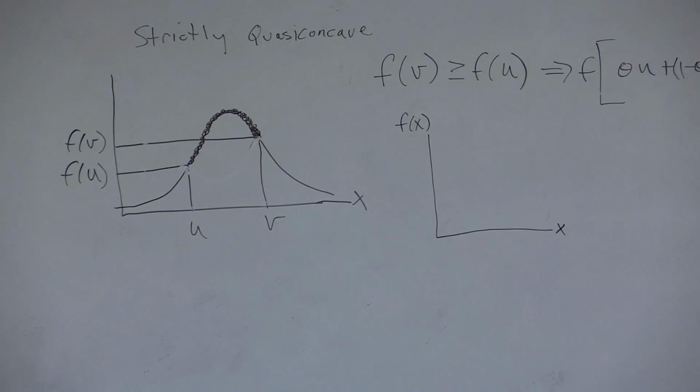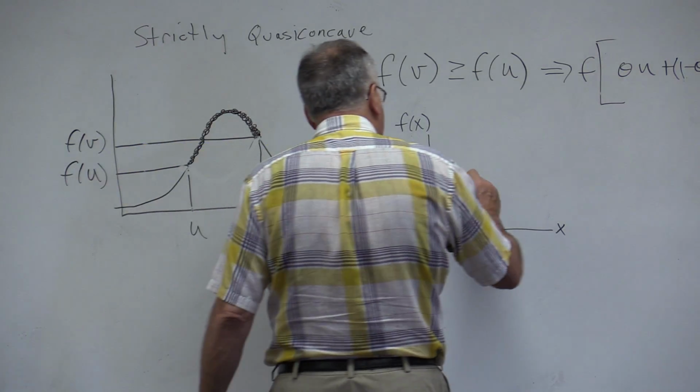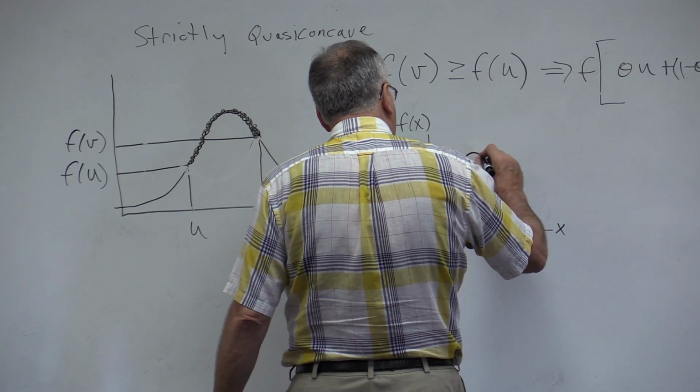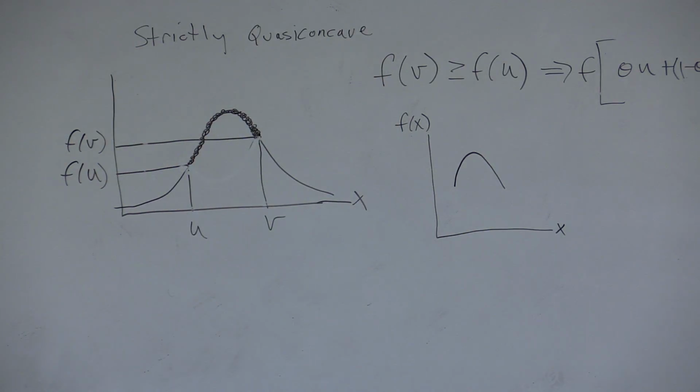Could be, yeah, a straight line would be concave. Also a curve like this, something similar to this shape right here. An upside down U. That would be strictly concave. Right, Ian? Okay, upside down U. It's a really simple way of saying it.